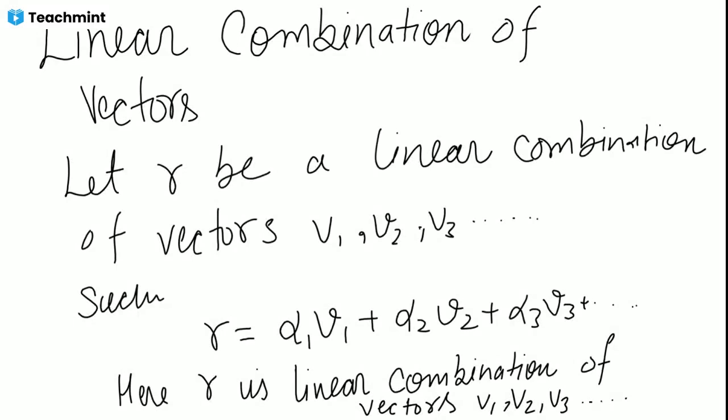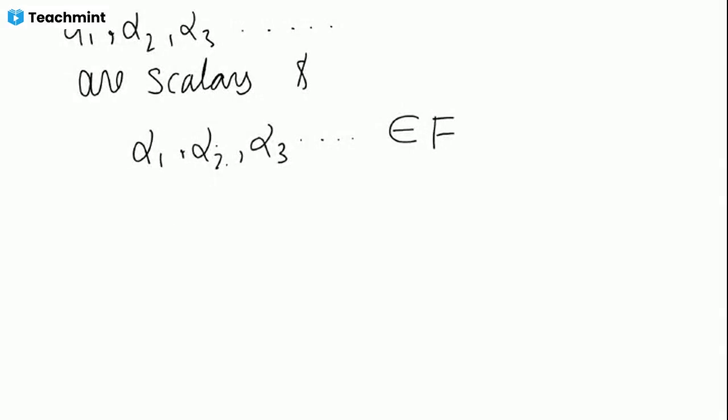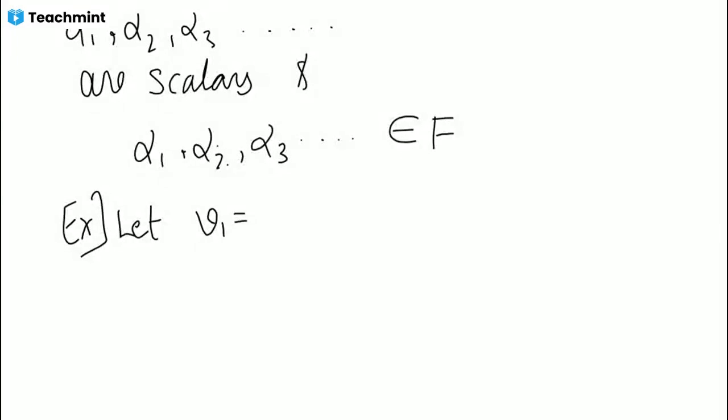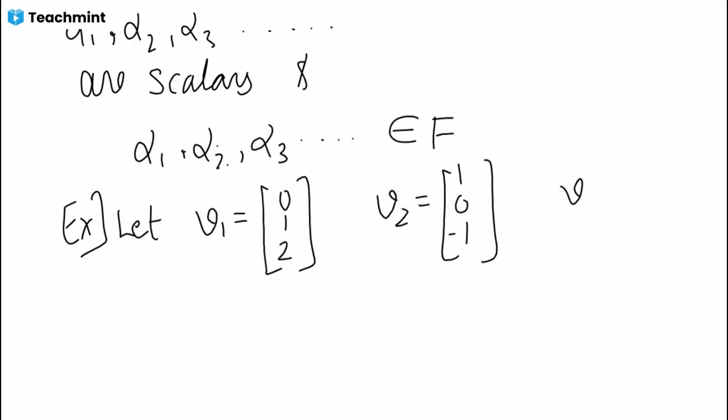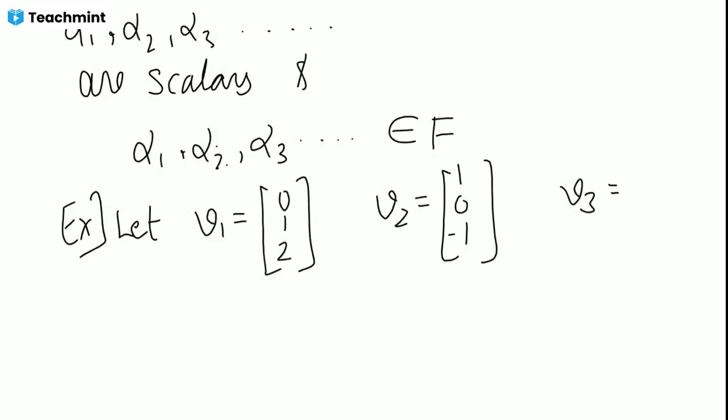So, for example, let v1 be the vector 0, 1, 2, and v2 another vector 1, 0, minus 1, and v3 equal to 1, 0, 0.